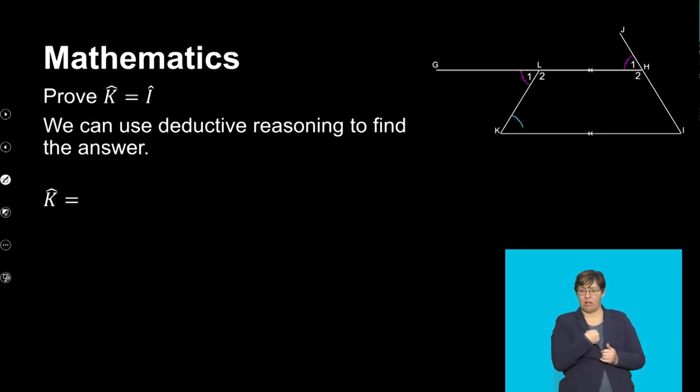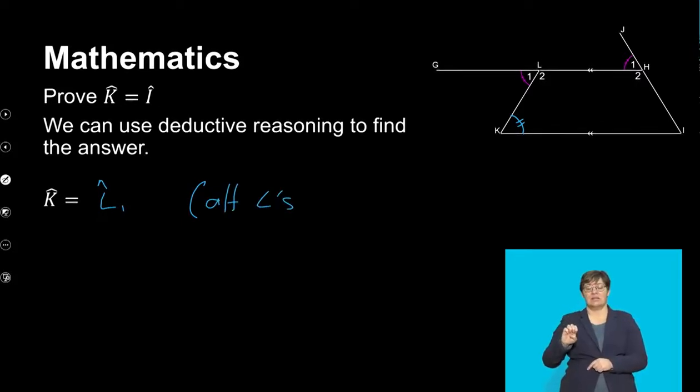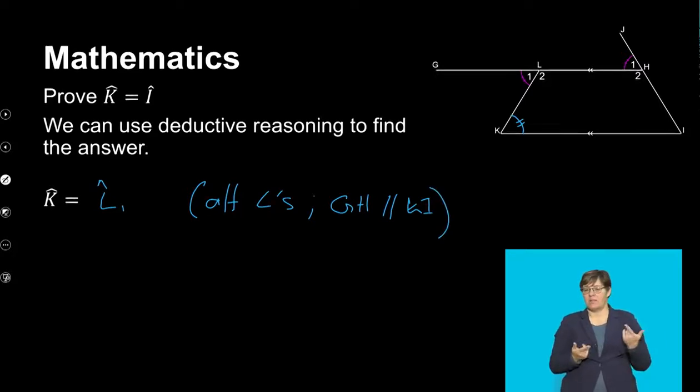I know that K is equal to L1, and my reason for this will be alternate angles, but remember, you don't leave it there. They are alternate because GH is parallel to KI. Some people might use LH instead of GH. They both lie on the same line, so it does not really make much of a difference.